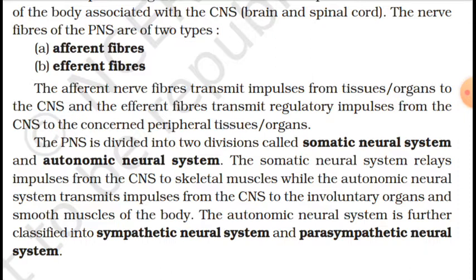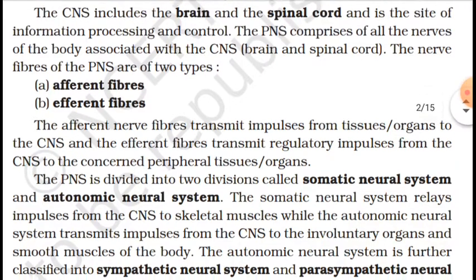Further, the autonomic neural system is classified into two types, the sympathetic and parasympathetic neural systems. Both of these work opposite to each other.